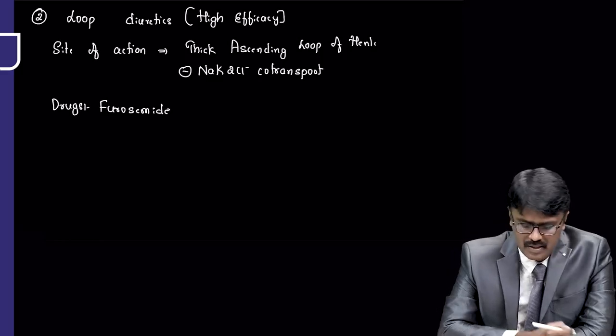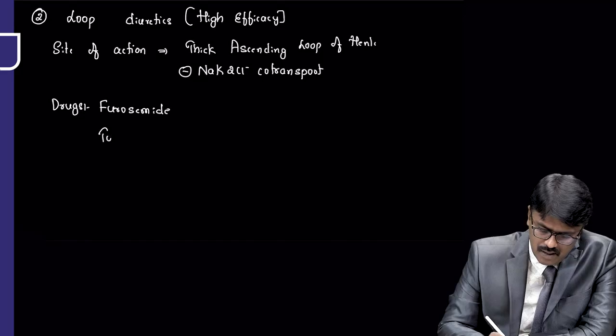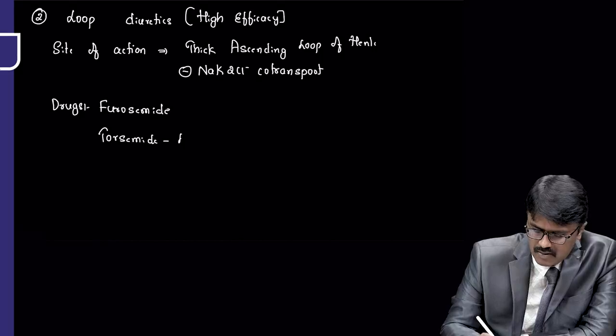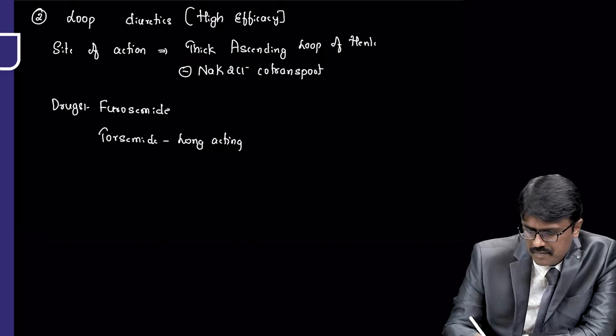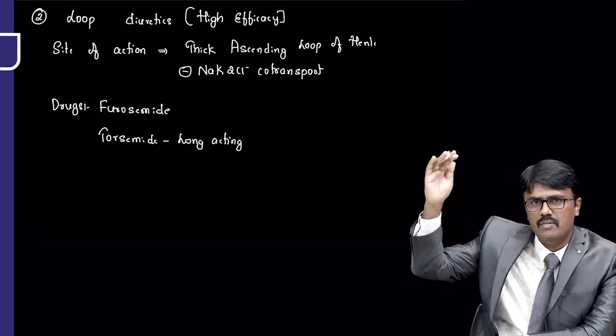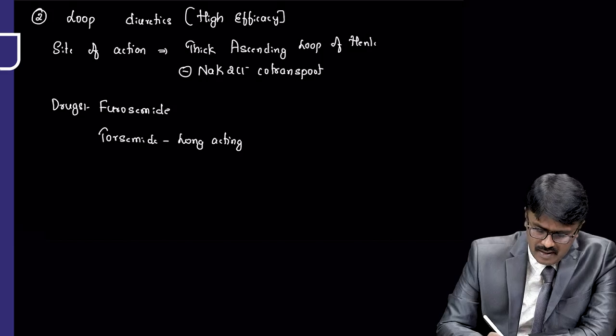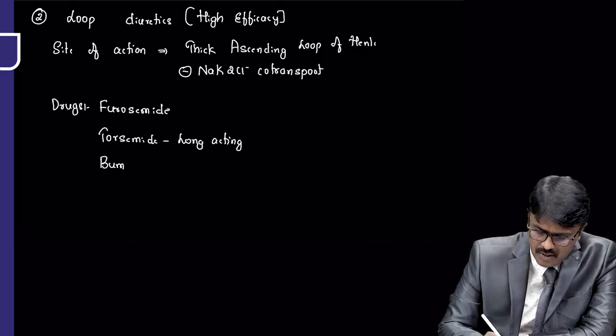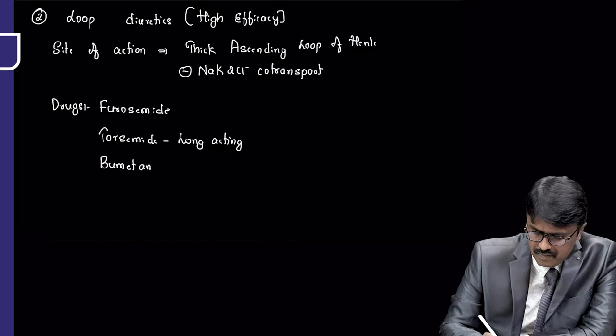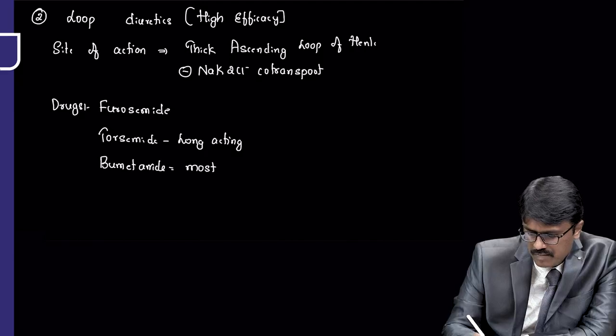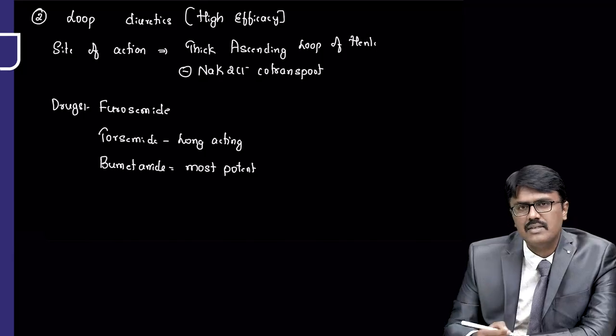Then we have a drug called torsemide. Torsemide is a longer acting loop diuretic. Remember it as tall. Tall means longer. And then we have a drug called bumetanide. So bumetanide is most potent. The meaning of most potent, you all know, it is used at low dose.